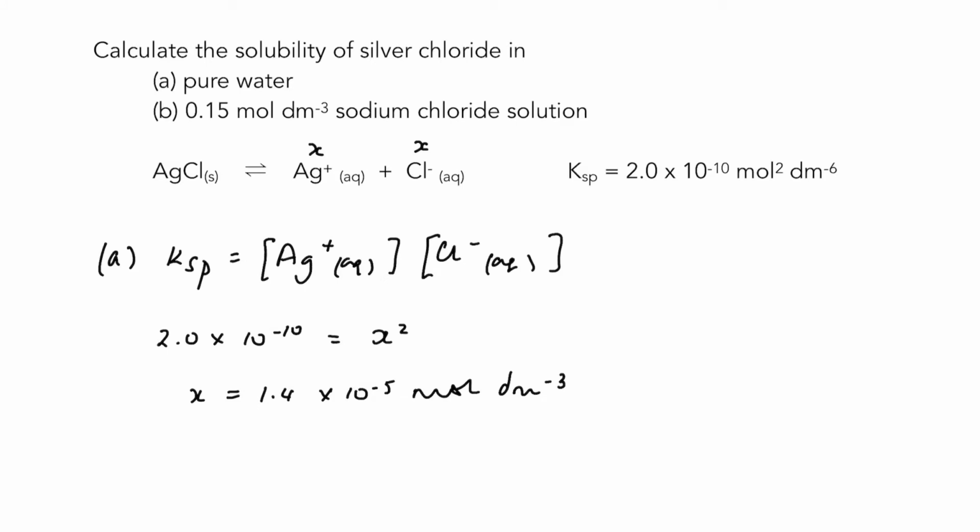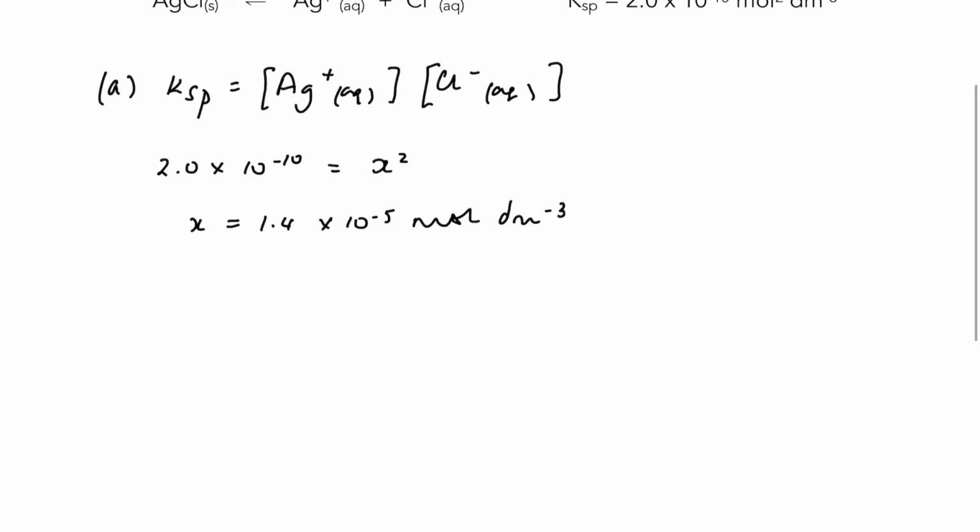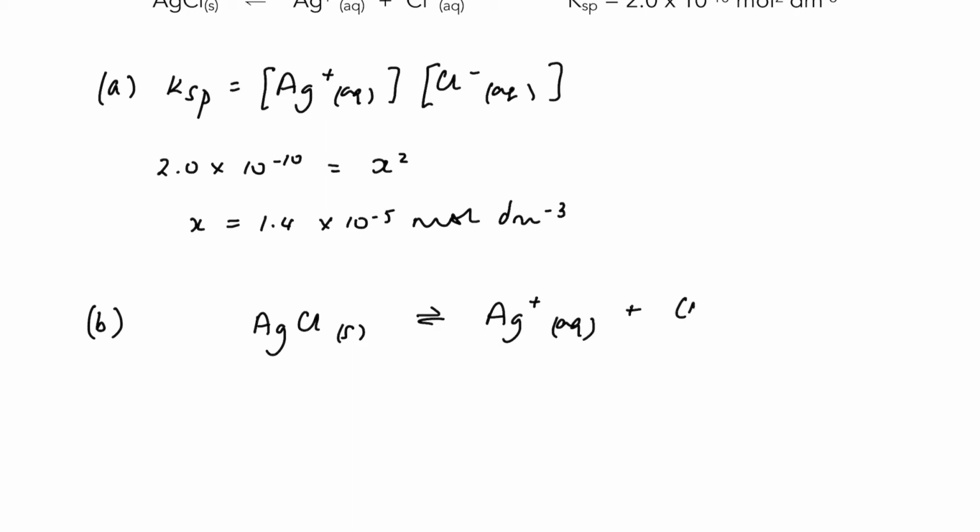Now, we're expecting the solubility to decrease when we are trying to dissolve silver chloride in sodium chloride solution, the common ion effect. So let's see to what extent that happens. So B, I'm going to start with the equation again. So we've got some silver ions and some chloride ions.